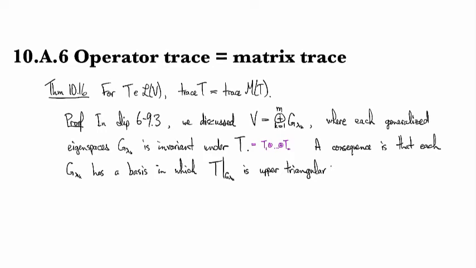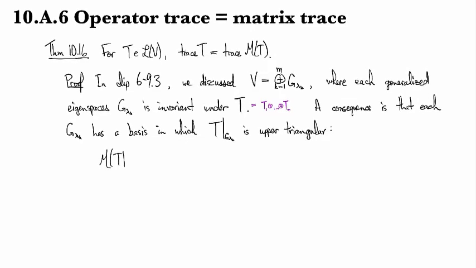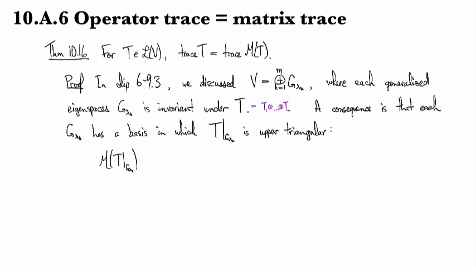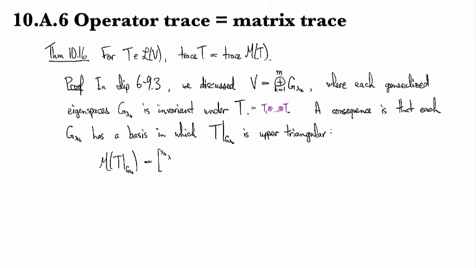So if we look at the matrix of T restricted, so it's just an operator from G lambda k to G lambda k, then we're going to have some matrix where it's going to be constant down the diagonal. It's going to have lambda k in each diagonal entry like this.